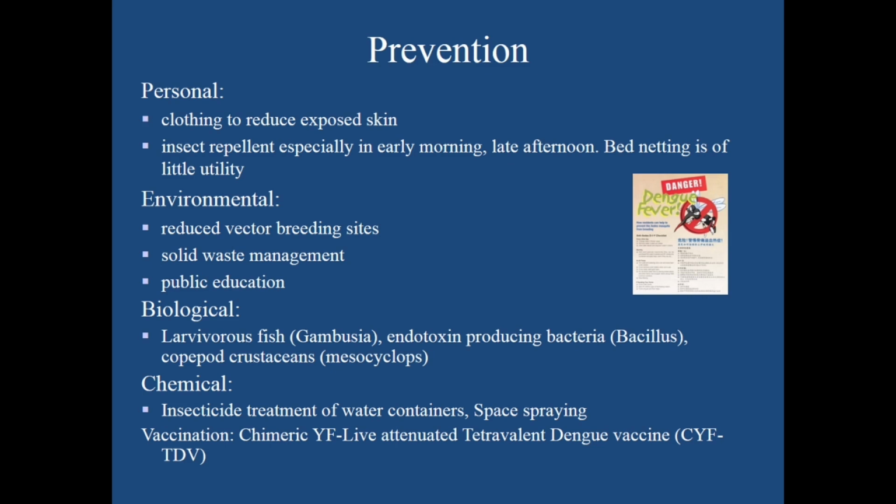Biological control uses larvivorous fish like Gambusia, endotoxin producing bacteria like Bacillus, and copepod crustaceans, which are mesocyclops. All these will help in taking care of the mosquitoes. And chemical control: insecticide, treatment of water containers, and space spraying can be done.